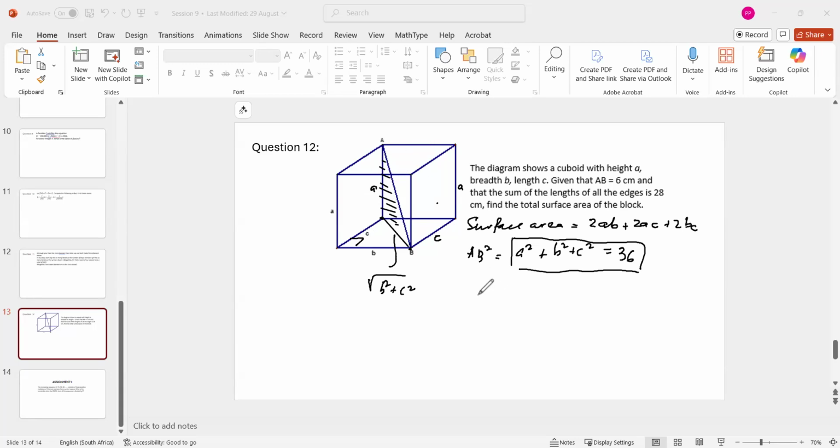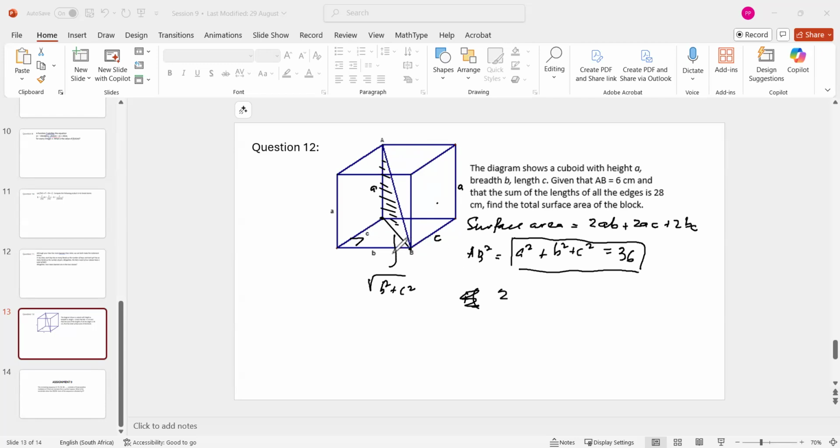Sorry. Let's work out the 12 edges. The 4 at the top, which is the same as the 4 at the bottom.